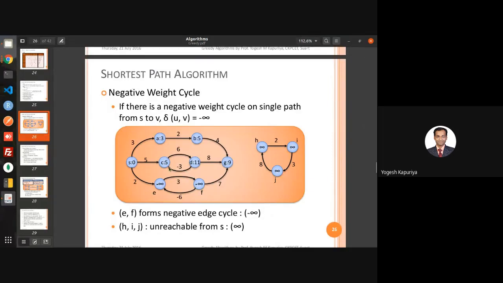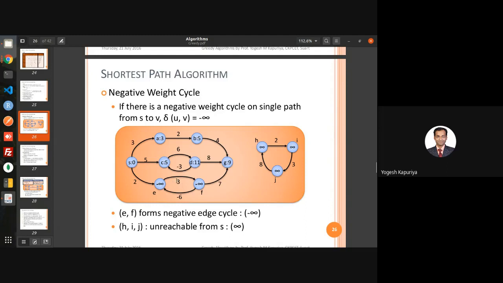There are two loops here. One is between C and D. So you have C to D as 6 and D to C as minus 3. So 6 plus minus 3 is plus 3. So this is not a negative weight cycle. But if you see E and F, you have E to F as 3 and F to E as minus 6.